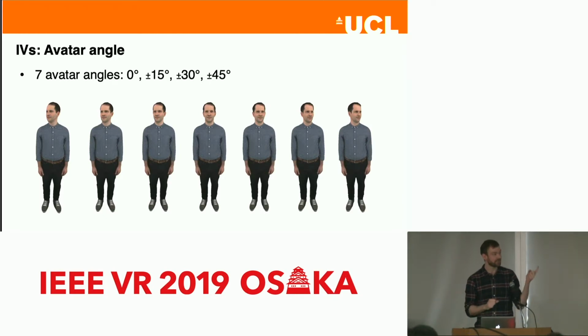We had 7 3D models that we presented, with the avatar looking at 15-degree increments. So we had 2 head-mounted displays, 9 target angles, and 7 avatar angles. Users gave an answer for every possible combination, so that's 126 data points per user.